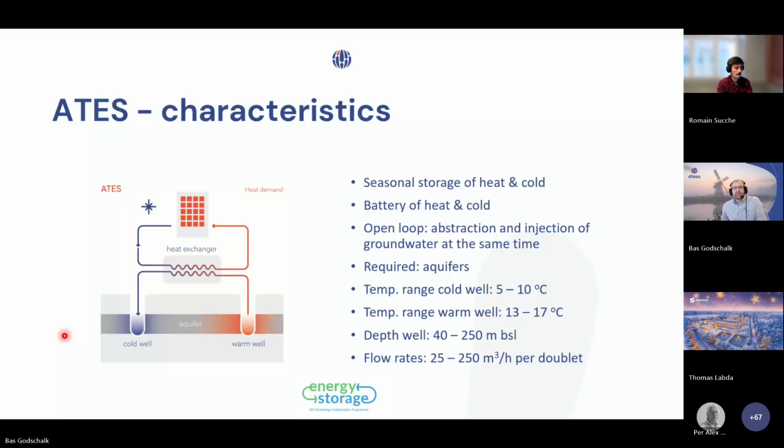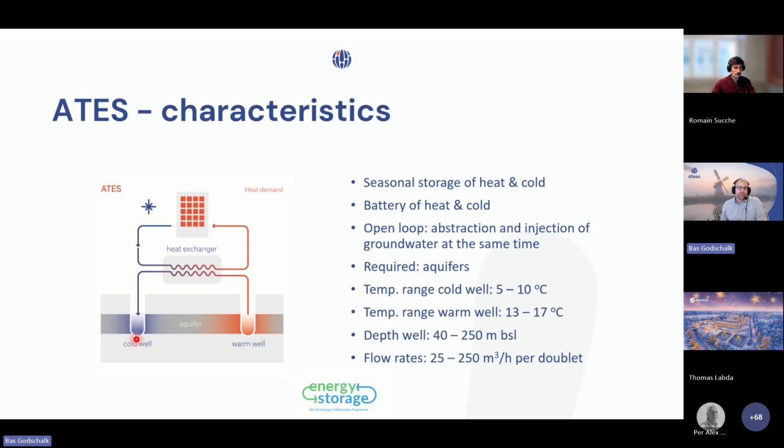Now let's go a little bit in more detail to what is ATES, how is the basic principle. The basic principle is that you have a setup of 2 wells which hit an aquifer where a lot of water is present, so you can make use of the water as carrier for heat and cold. And in one season you abstract from the warm well and you heat up the building by the warm water, and then you return the cold of the building back into the cold well, and then you can create a big cold bubble.